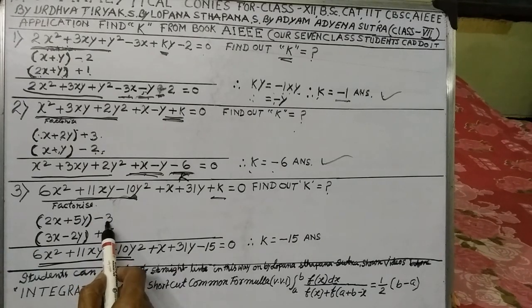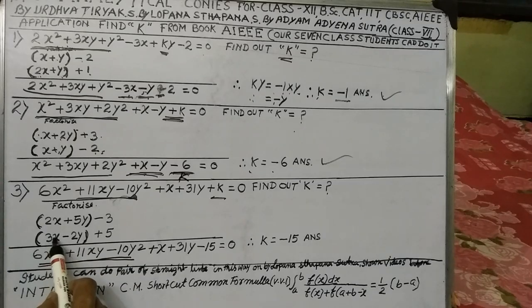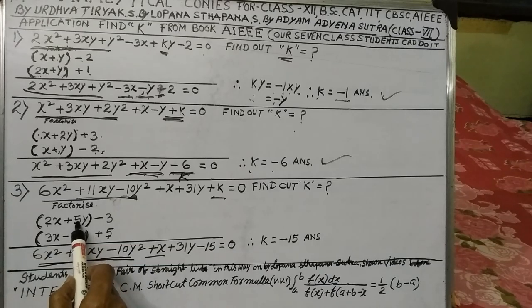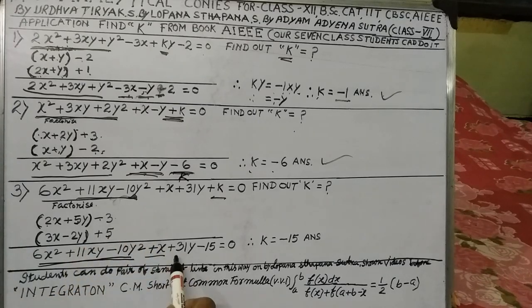Now minus 3 into 5... 5 2s are 10x plus, so it becomes plus x, and y: 5 5s are 25y, minus, plus 3 2s are 6y, so 31y.